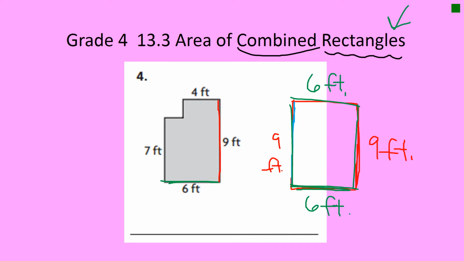Parallel sides, they're both 6 feet. So the strategy in number 4 to find the area, emphasis on the word combined, is to kind of make this one rectangle into 2 rectangles. So now we have 2 rectangles we're dealing with, right?